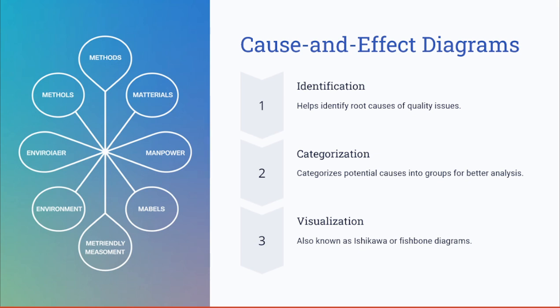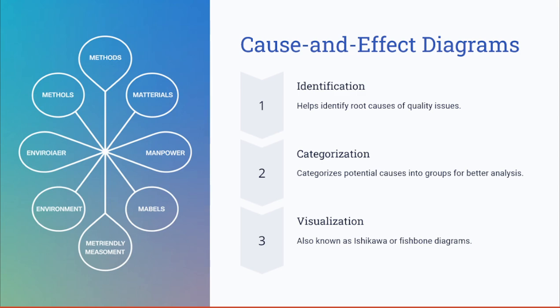We also have cause and effect diagrams, also known as fishbone diagrams. The fishbone diagram helps you as a project manager, or whoever is using this tool. We also call it the Ishikawa, so it's Ishikawa or fishbone diagrams. It's cause and effect diagrams.